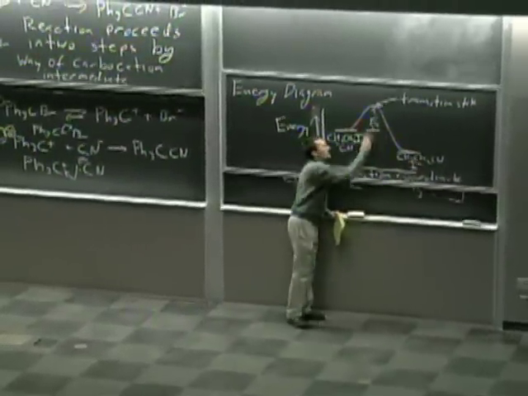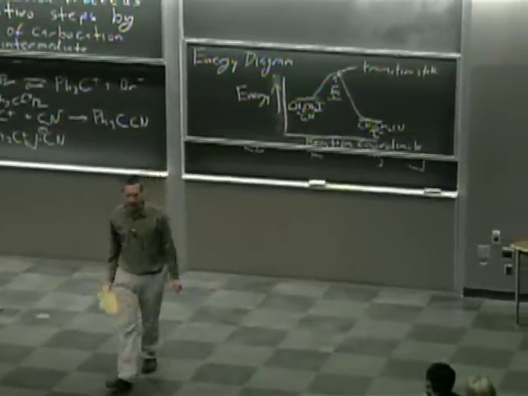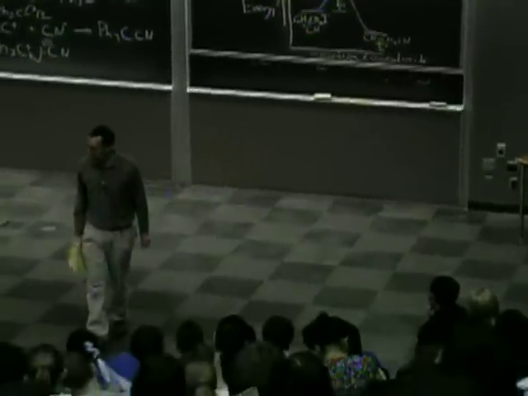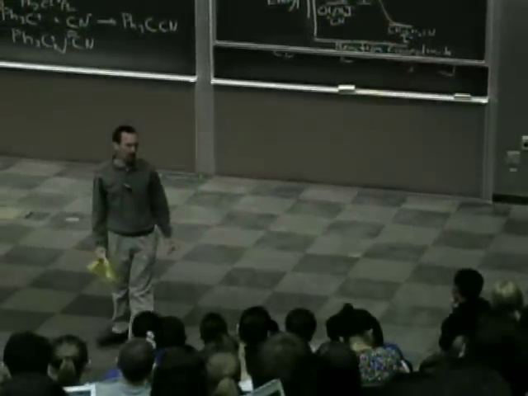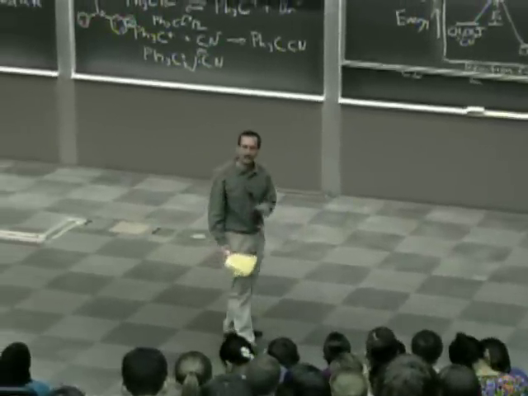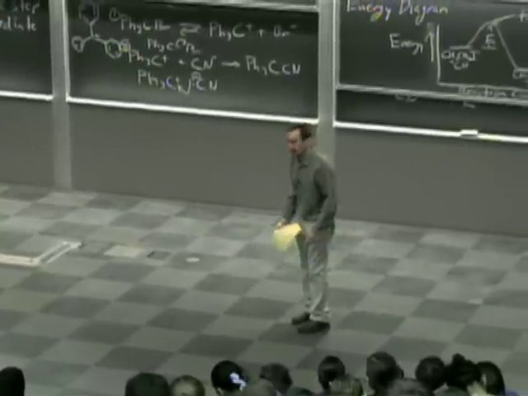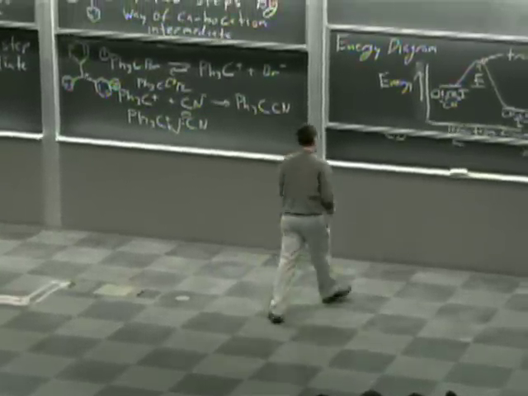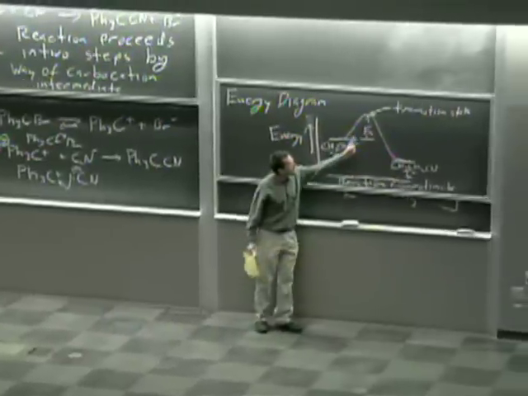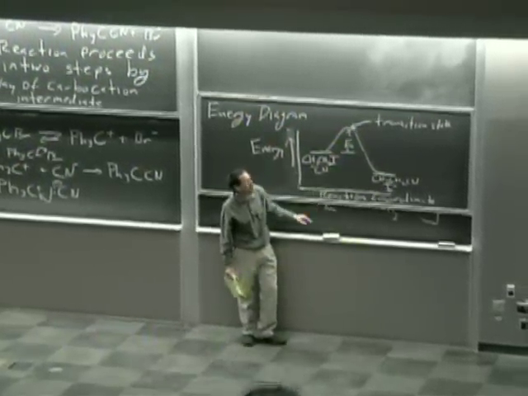We're being a little bit loose in our diagrams between energy in a generic term, enthalpy, heat of reaction, free energy, and we can get away with it at this point in the course. And in a later course or in a physical chemistry course, you might want to be a little bit more rigorous about this. All right, so this is the amount of energy that you have to put in to make the reaction go.